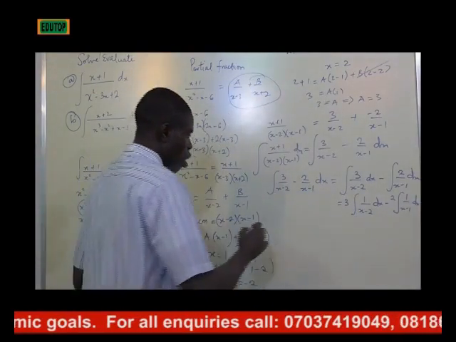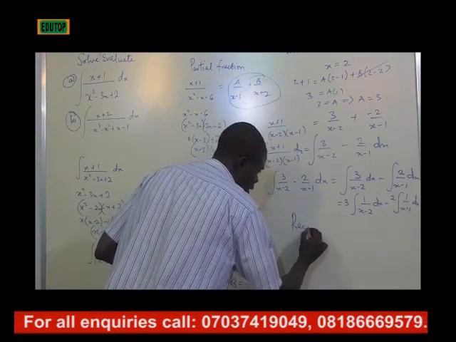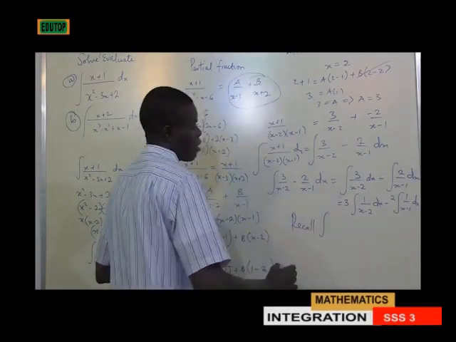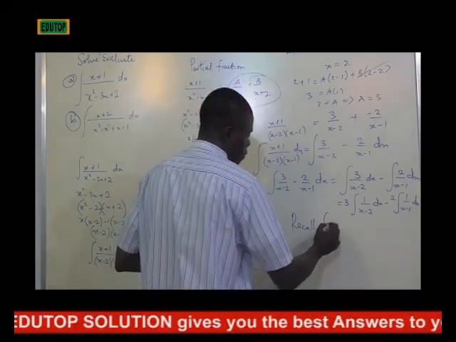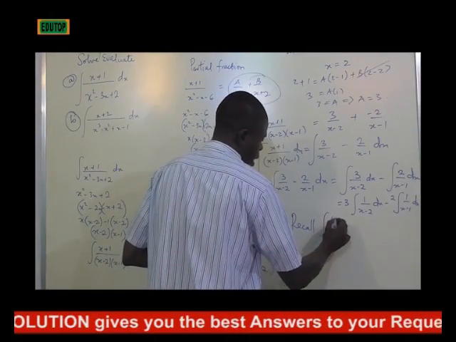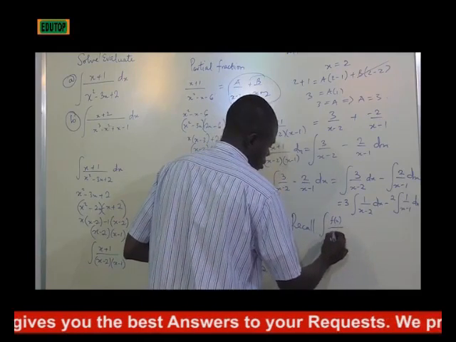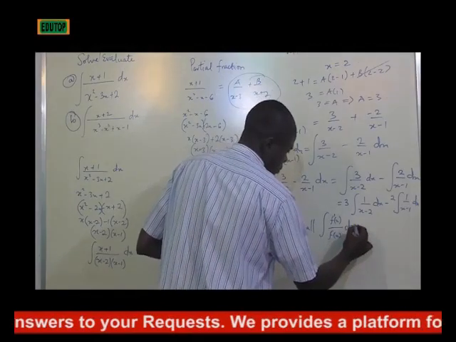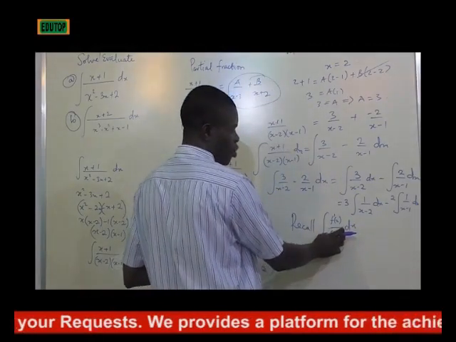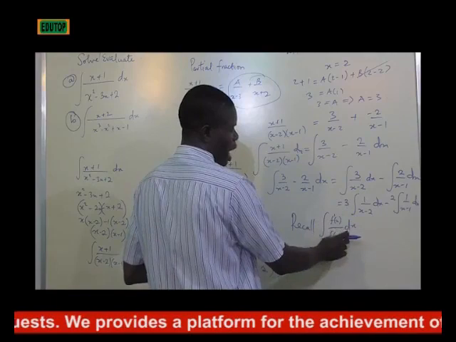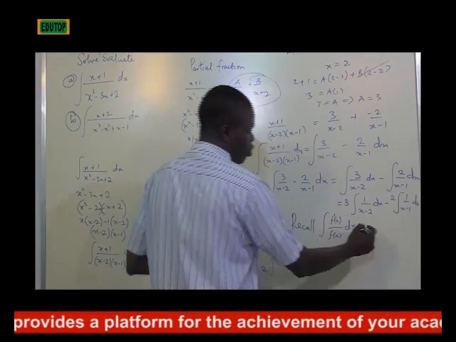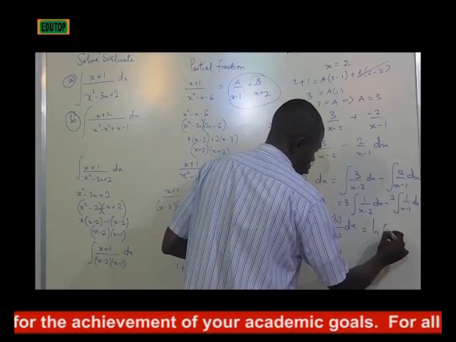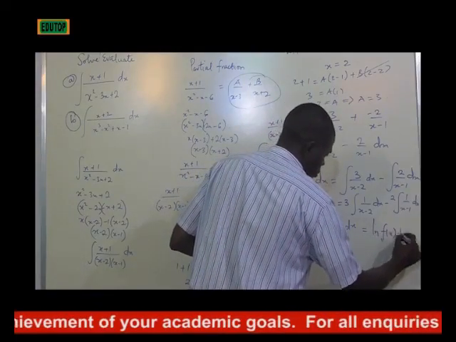Now, recall this anytime you have a situation like this, that if you have an integral of f prime of x over f of x dx, if you differentiate your denominator and you arrive at your numerator, you write ln of the denominator, then plus c.